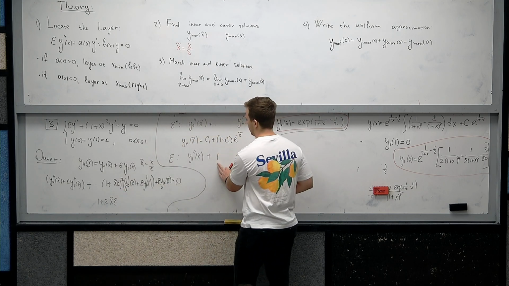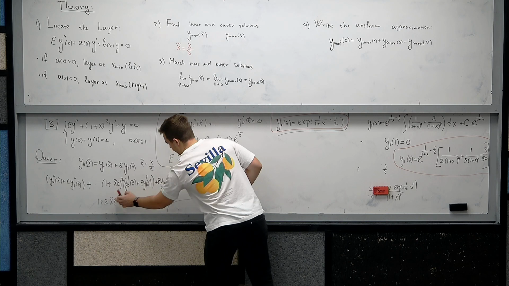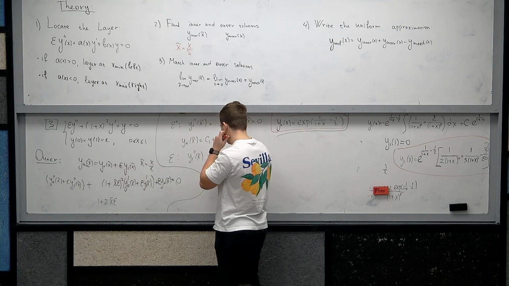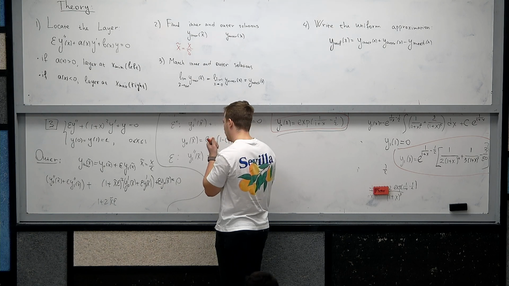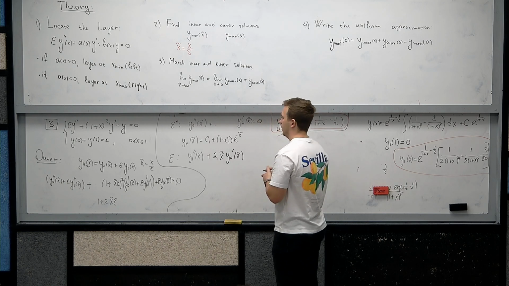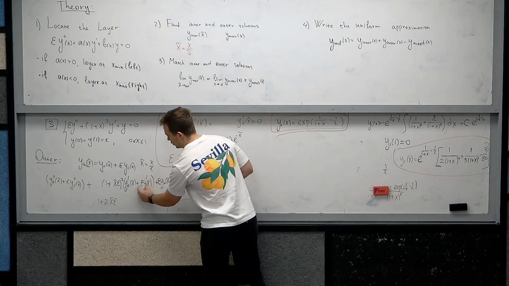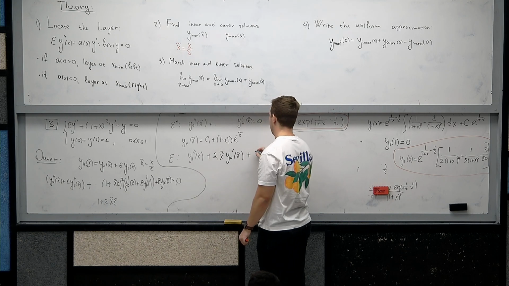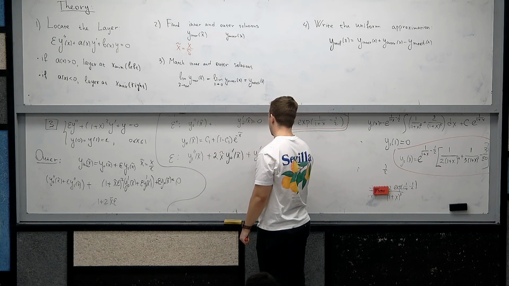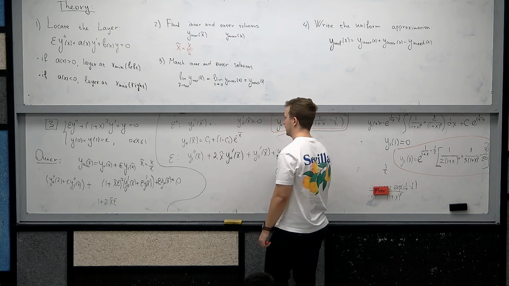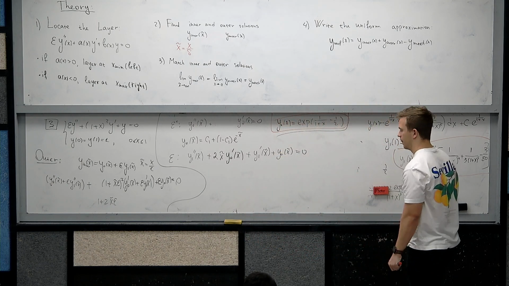Therefore, we need to include this term into this equation. So it will be 2 x tilde y naught prime of x tilde. Okay. And we also have this term multiplied by 1, which is also order of epsilon, plus y1 prime of x tilde plus y naught of x tilde, all of this equals 0.